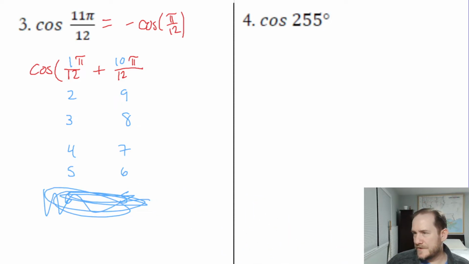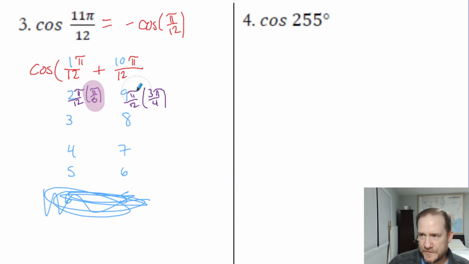And then what I told you to do from here is, remember, these are actually pi's over 12. And so you'd want to reduce these. This is actually a pi over 6. These are both divisible by 3, so it's 3 pi over 4. And it's at this point, I hope, that you realize that this would be a great way of doing this problem, because pi over 6 and 3 pi over 4 are both unit circle angles.